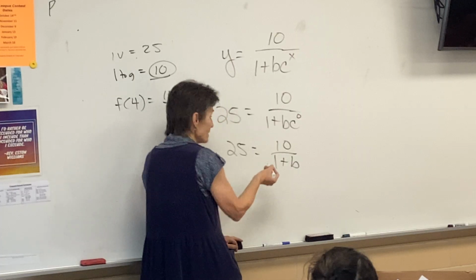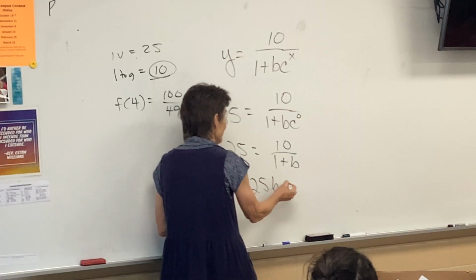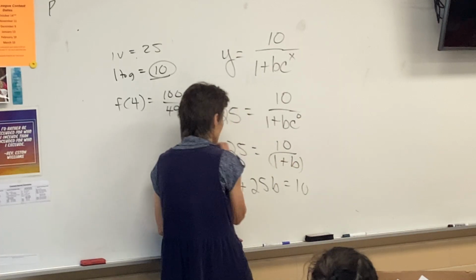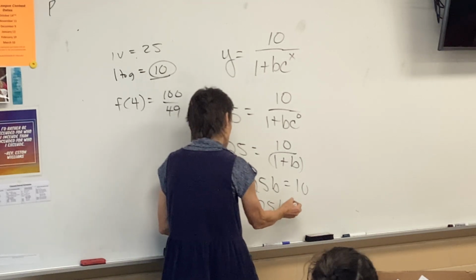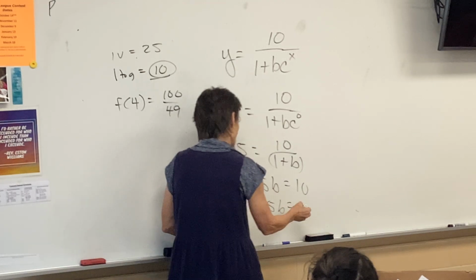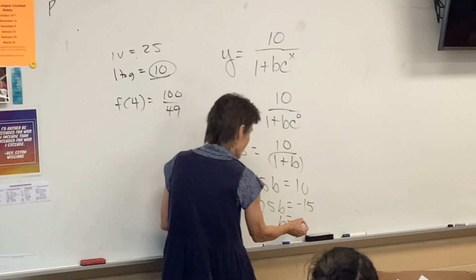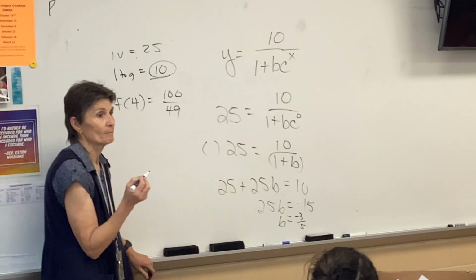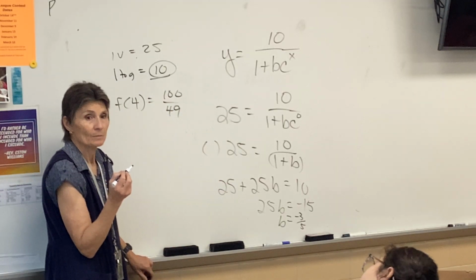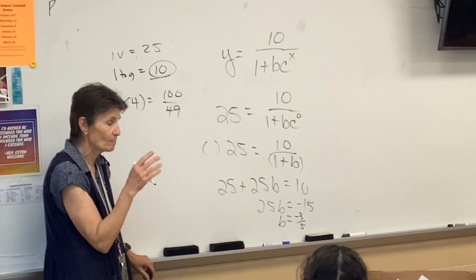I'm going to solve this. So 25 plus 25b equals 10. I'm bringing this over to here. So 25b equals negative 15. Is that right? So b is negative 3/5, or negative 0.6 if you're using the calculator and a decimal.